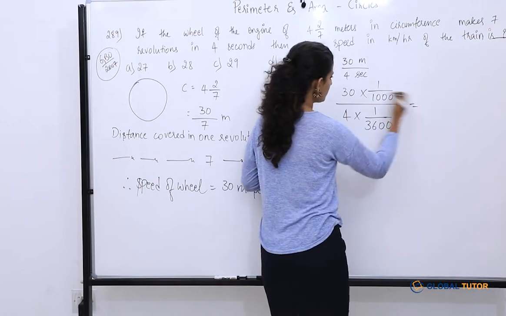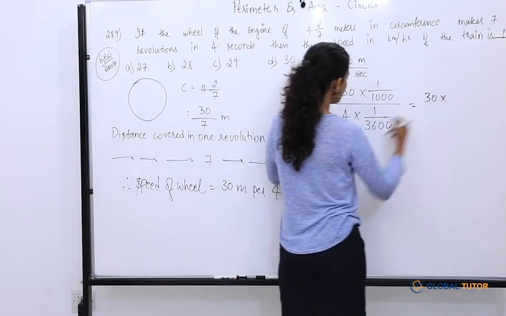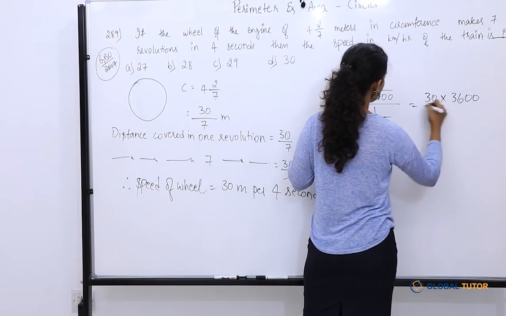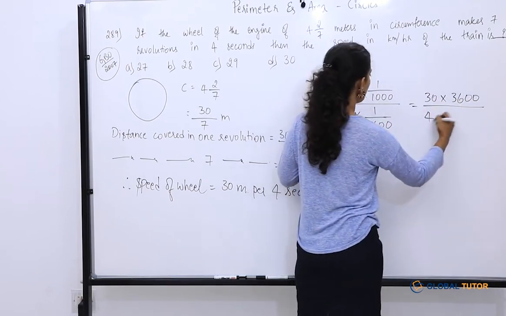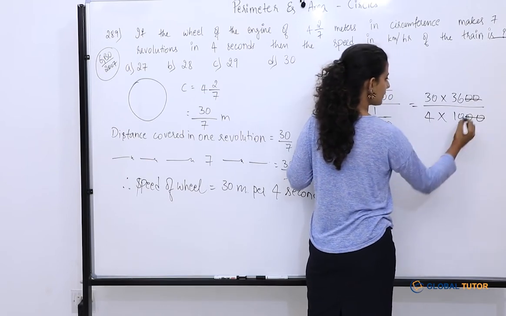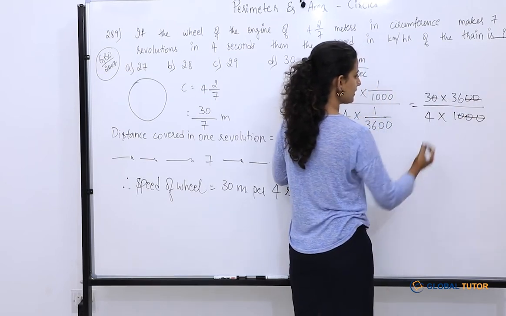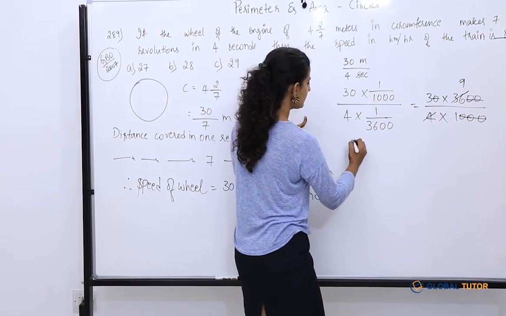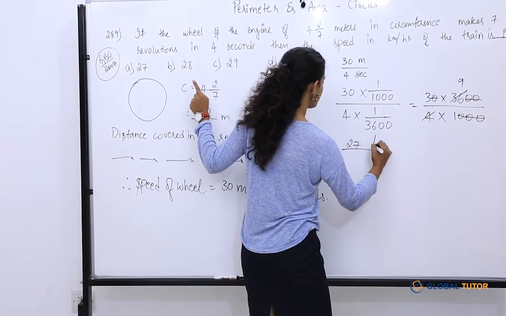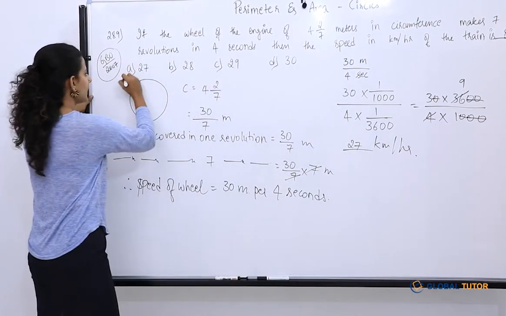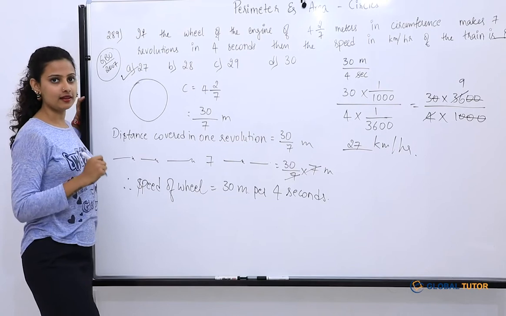So what happens to this? 30 into this 3600 goes up in the numerator, divided by 4 into 1000. Here 2 zeros get cancelled, 1 zero gets cancelled, 4 nines 36, 9 threes 27 kilometer per hour. So here option A, 27 is the right answer.